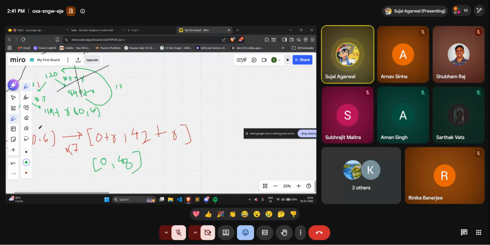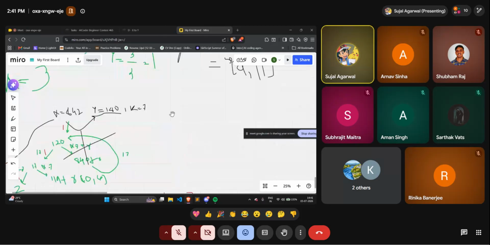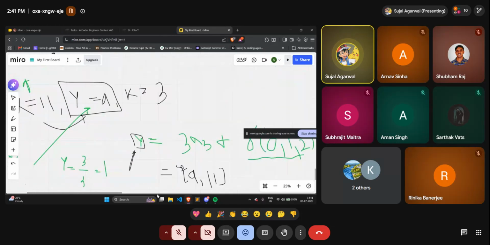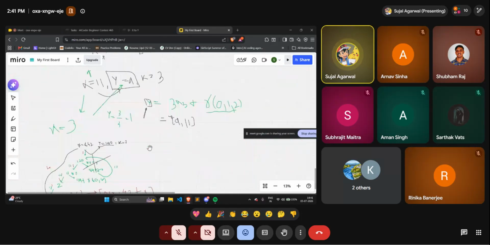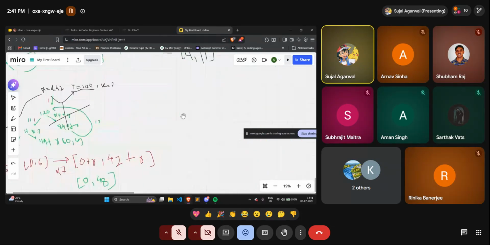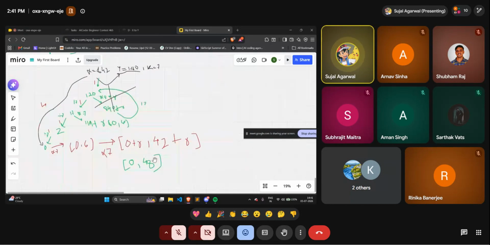So 0 to 48. As the maximum number in this range is still lesser than this y, we needed to convert it to 140. So the range is still smaller than this number, right? So we again perform the multiplication operation. We multiply it by 7 and then add the remainder.